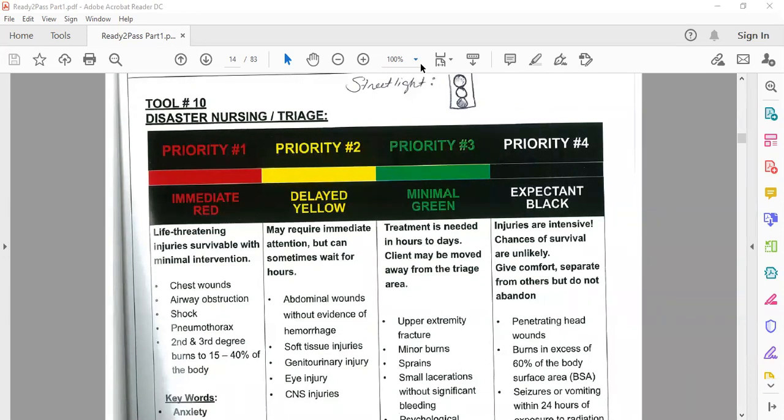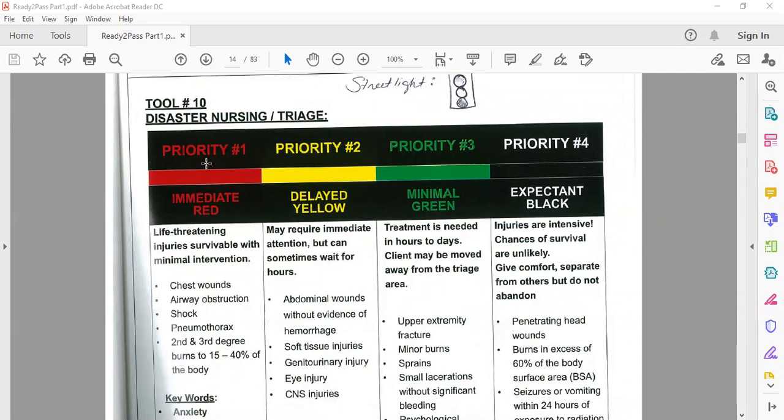So priority is the most important in inside disaster management, or internal disaster, meaning inside the hospital. First of all, here we categorize the triage into four types.